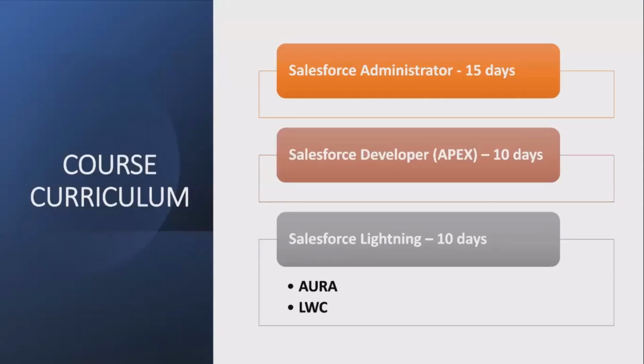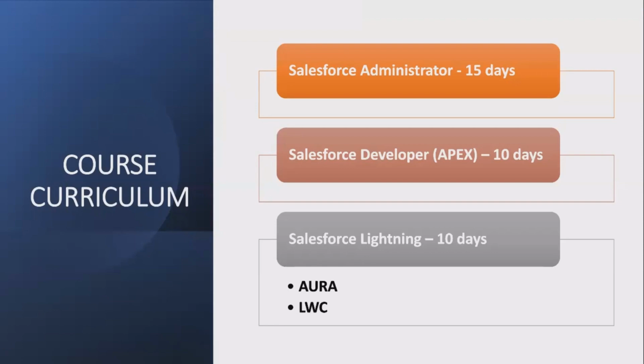What will be our course curriculum and what are we covering as part of this course? On a high level, we cover three modules: Salesforce administrator, Salesforce developer, and Lightning. Administrator is all about drag and drop tools. You need not write any code, zero code.